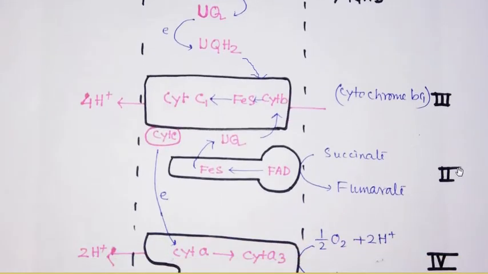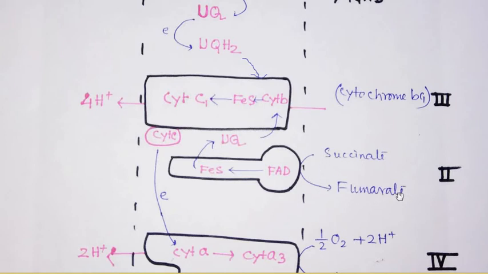complex 2, which is also called succinate Q reductase complex or succinate dehydrogenase. The ubiquinone receives electrons from FADH2, which is produced during the formation of fumarate from succinate in the Krebs cycle.